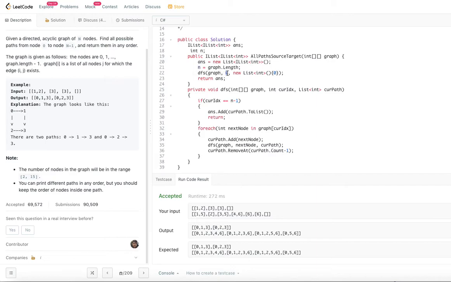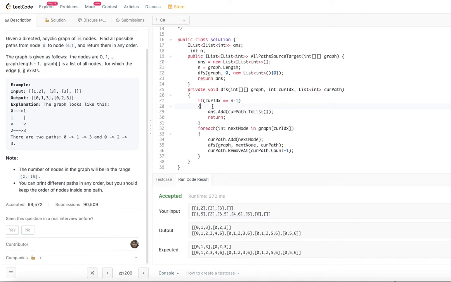The end node is n minus 1. We pass the start node, and since we are going to start the path at 0, we add 0 into the path to start with, and we pass the graph to the DFS. Now we check if the current node is n minus 1. If so, we just add the current path, whatever we came with so far, to the answer and return from there.